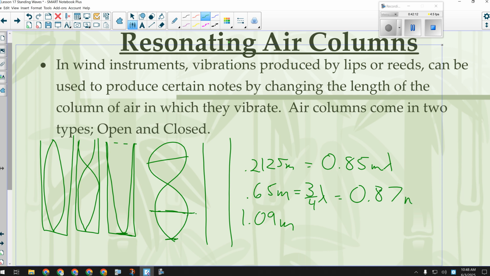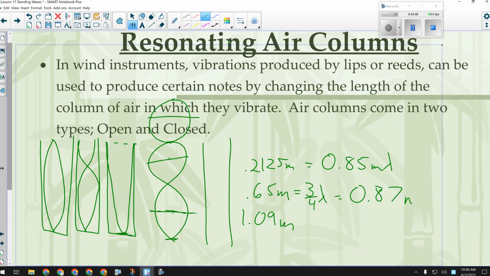Then we got another one at 1.09. So if this was 1/4, this is 3/4, this should be how many quarters? 1, 3, what's next in the pattern? 5, right? Another half a wavelength away. If I draw another half a wavelength on here, it would look like that. So we would have 1/4, 3/4, 5/4.